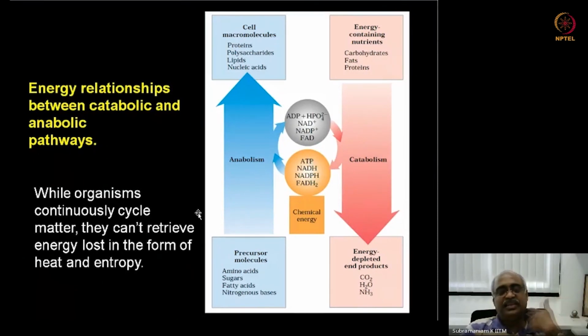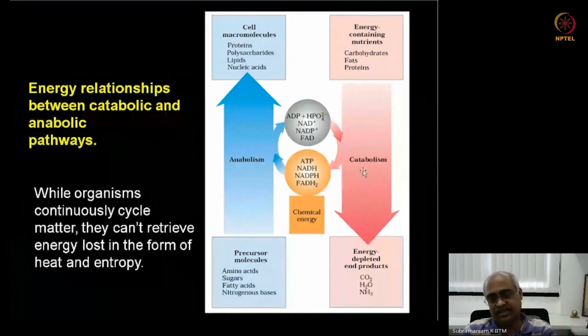So the synthetic reactions of the metabolism are called anabolism, and the breakdown reactions are catabolism. Like for example, breaking down glucose to carbon dioxide and in the process obtaining energy is catabolism, and taking ammonia etc. and building amino acids is anabolism.